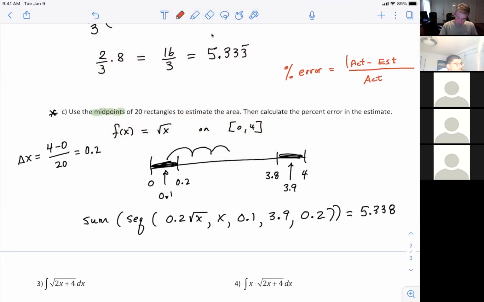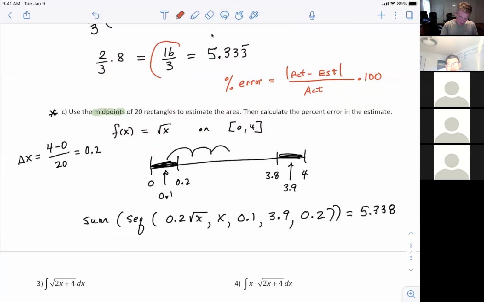And then we want it to be positive, so take absolute value. And then that's going to be a decimal. So then to change it to a percent, multiply by 100. Now to be as accurate as possible, I'm going to use the fraction instead of 5.33. So this is the actual. And then this is my estimate.